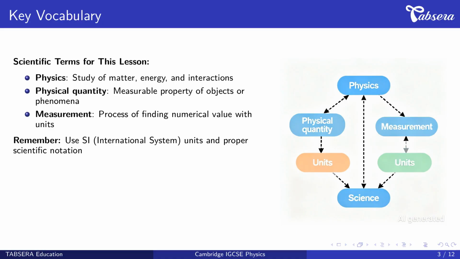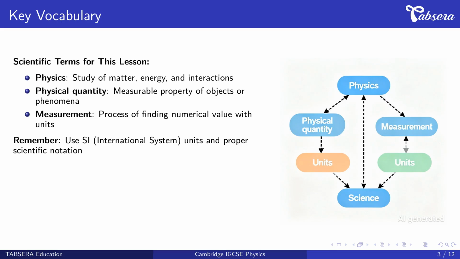Now let's define our key vocabulary. Each term is essential for understanding this lesson. First, physics, which means the study of matter, energy, and their interactions. It explains how the universe works at all scales. Second, physical quantity, which means any measurable property of objects or phenomena. Examples include length, mass, time, and temperature.